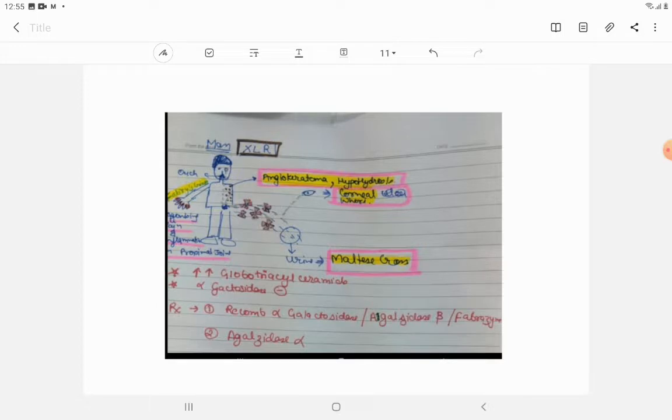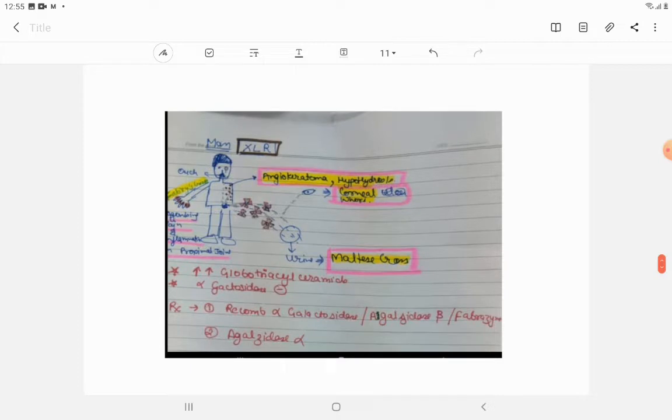Just imagine a man peeing in public, and in his urine we can see Maltese crosses. When he is peeing, some of the urine comes on the skin and on the eye, causing angiokeratoma and hypohidrosis on the skin, corneal whorls in the eye, and in the proximal joints it causes agonizing pain and inflammation.